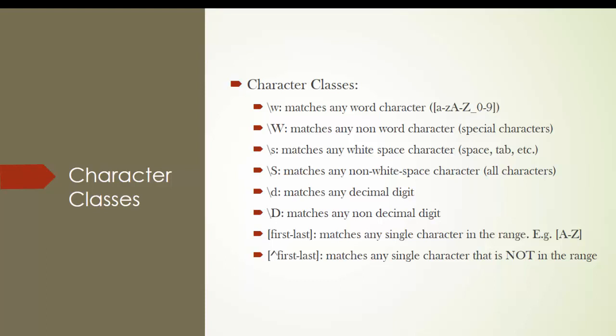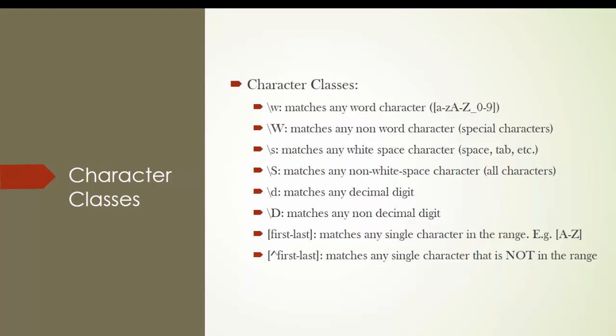So for example, a \w would match any word character that falls within the range A to Z. These are your lowercase letters and uppercase letters and underscore and digits between 0 and 9. The \W will match any non-word character, so these would be your special characters like the @, the ampersand, the percentage, the hashtag, and so on.